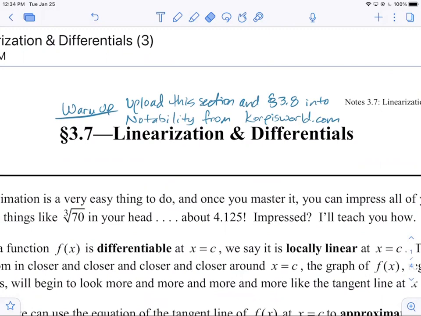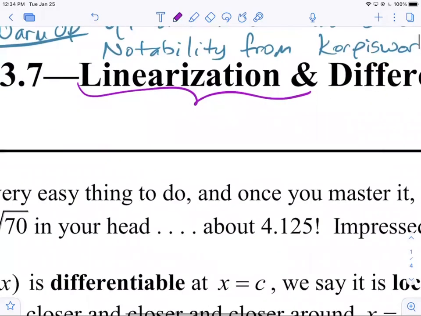Linearization. Okay, so what is linearization? Linearization is basically when you use a tangent line to approximate a curve.